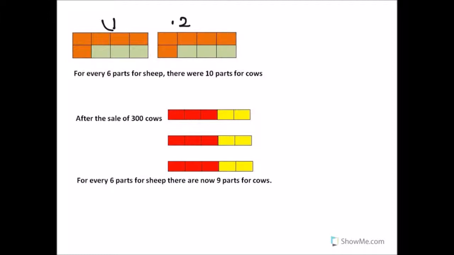In that case, if there are 6 parts of sheep, 1, 2, 3 from this combination and 4, 5, 6, there will be 10 parts of cows, 5 from here and 5 from here.